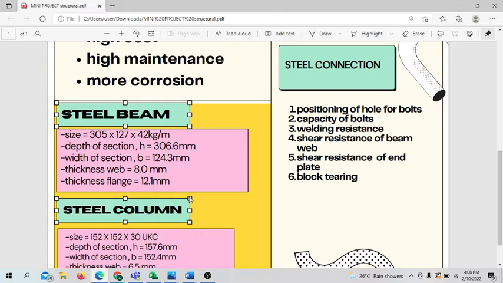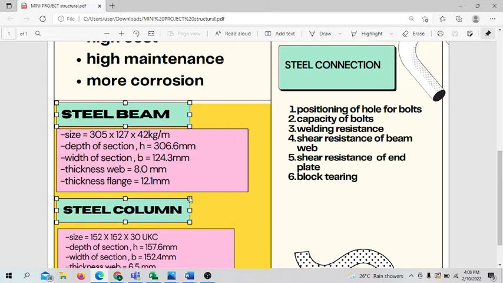Third, classification of section. Fourth, resistance of cross section to bending and shear. Fifth, resistance to shear buckling. Sixth, resistance to flange induced buckling. Seventh, resistance of web to transverse force. Eighth, deflection.